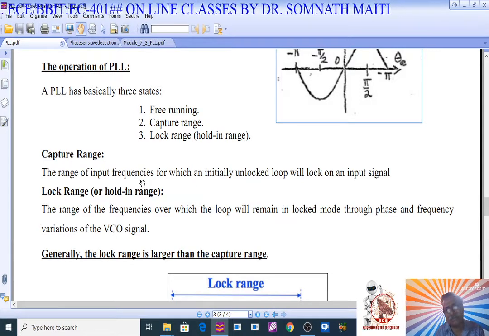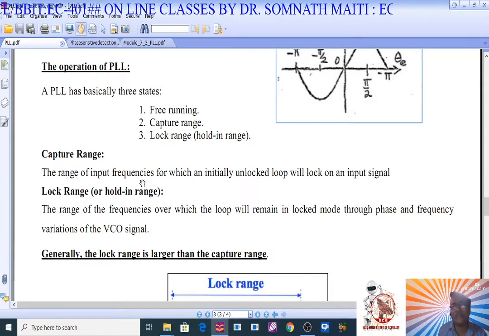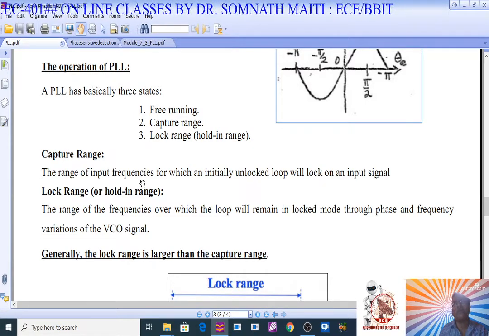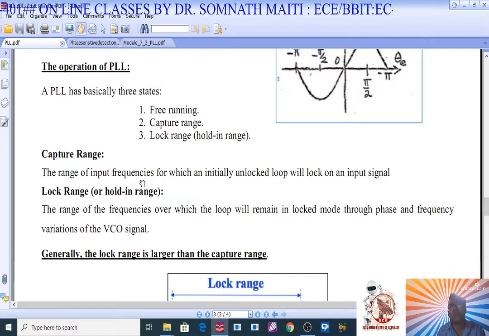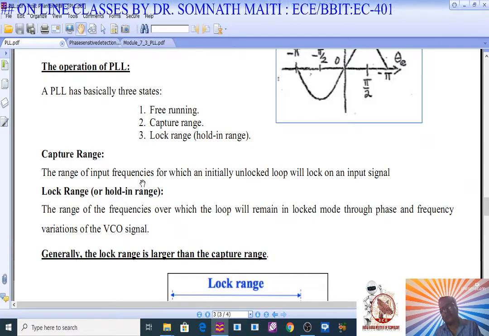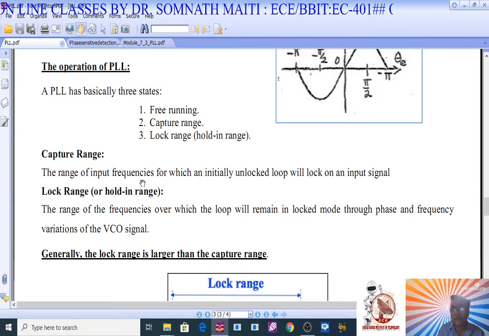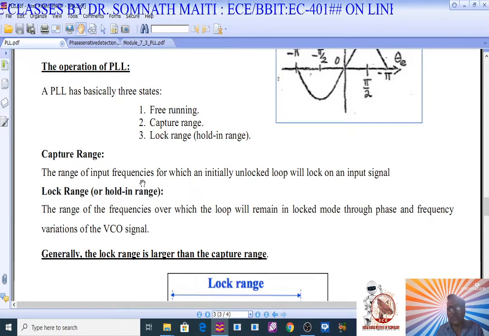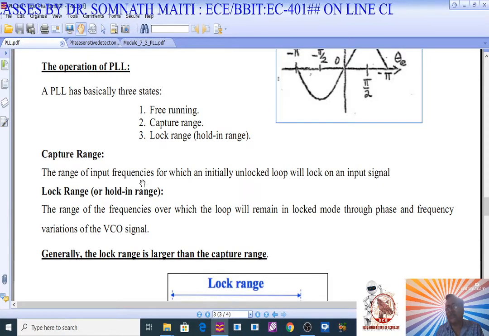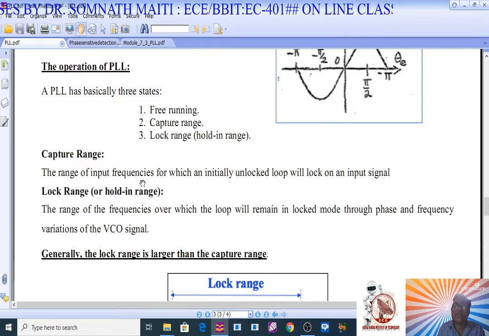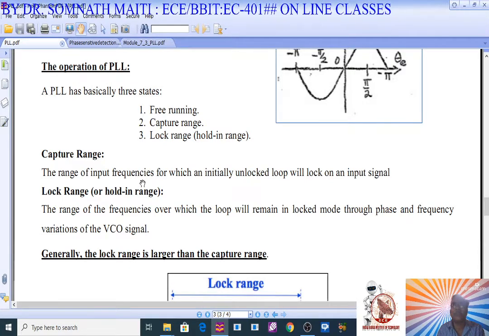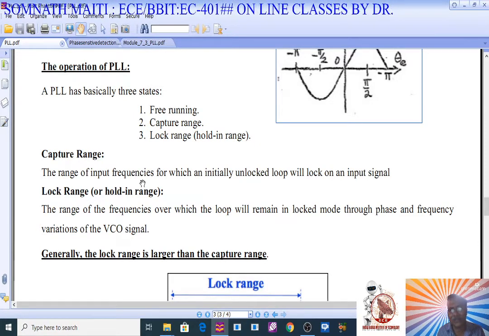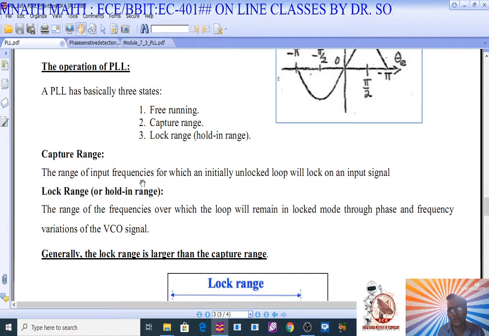If it is very high speed, then definitely the VCO will not be able to capture the frequency. And even if it is very slow, it is not possible. A human can do it, but a VCO or an oscillator cannot reduce its frequency beyond a particular value. So it has a limitation. It can vary over a range. If the incoming signal frequency is within that range, then it will be able to capture.